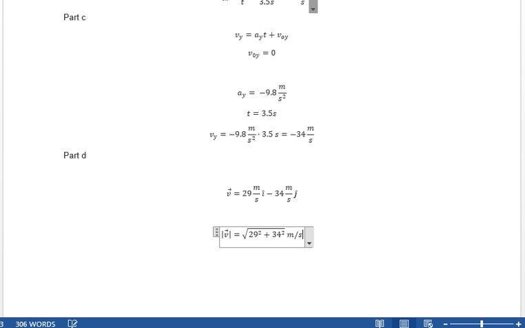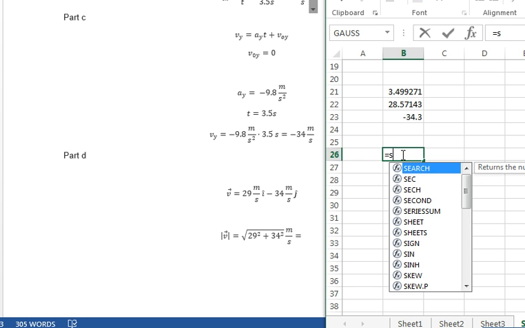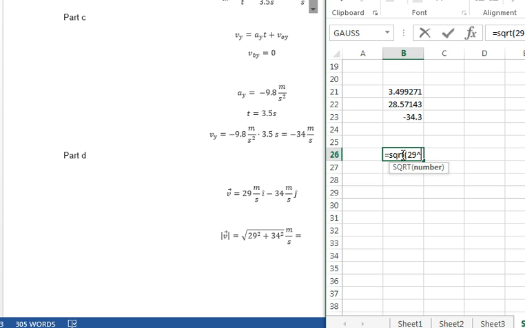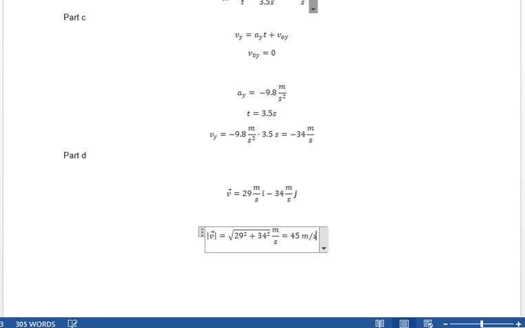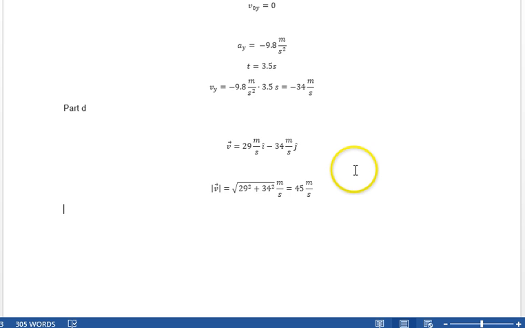This is meters per second. All right, square root of 29 squared plus 34 squared is 45 meters per second. Okay, so we got a velocity of 45 meters per second.